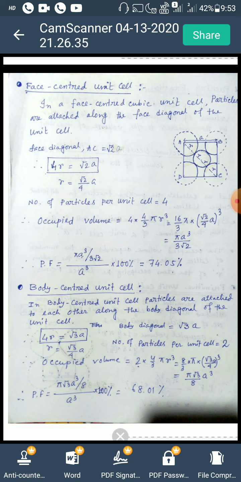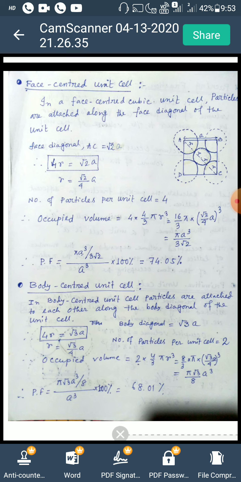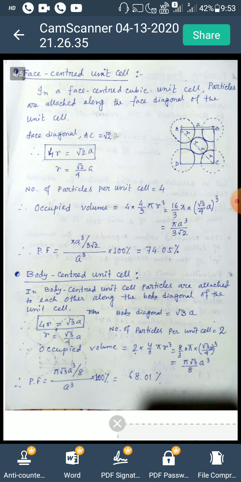As the atoms or particles are attached to each other along the body diagonal, the value of the body diagonal will also be 4r, like in the face-centered case where you can see r plus r plus r plus r.